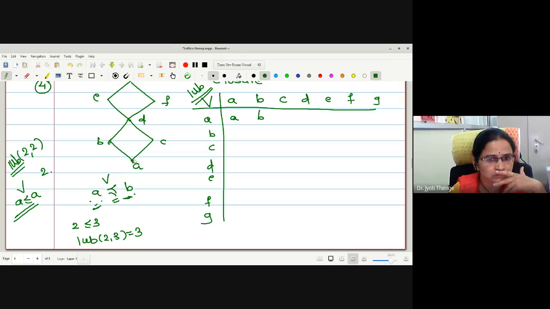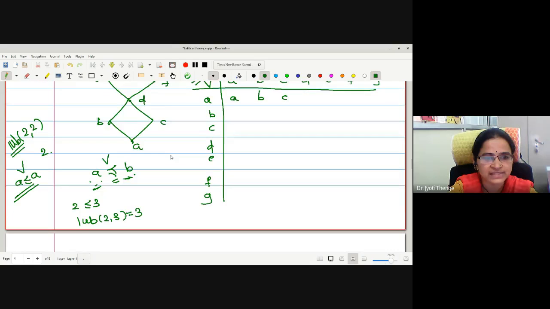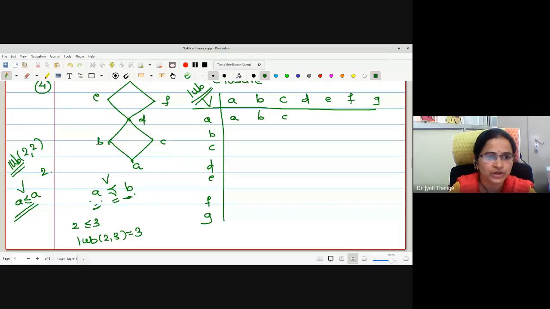What for A and C then? C. What for A and D then? D. I am asking for the least upper bound. According to the Hasse diagram, A precedes B, B precedes D. Correct, na?